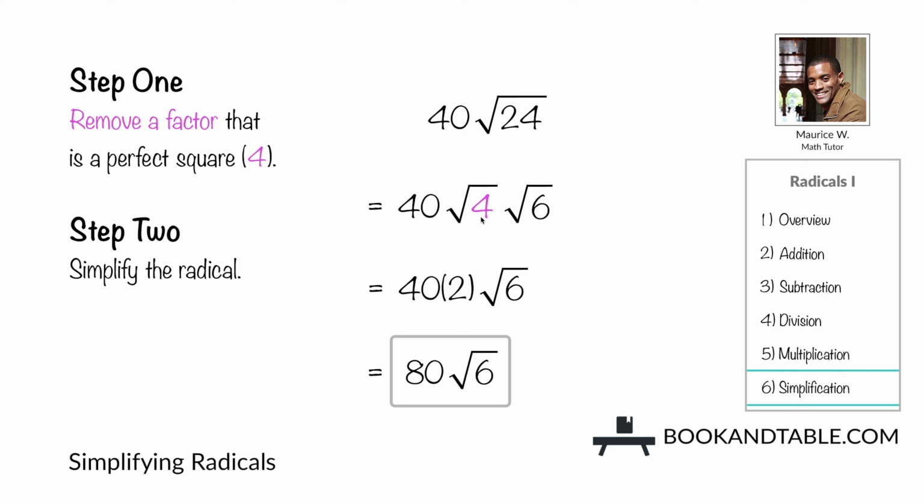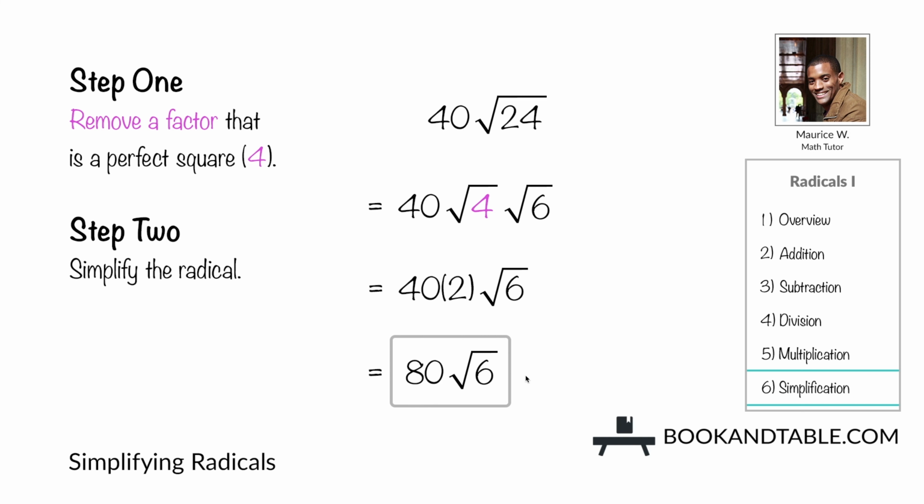Then we get 4 times 6, and we choose these factors because 4 is a perfect square. The square root of 4 is 2. So this allows us to go from 40 times radical 4 times radical 6, and we evaluate radical 4, which is equal to 2. Now we have 40 times 2, which gives us 80, and that is how we wound up with 80 radical 6.